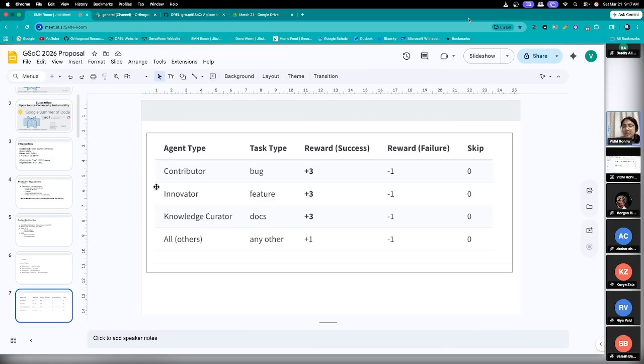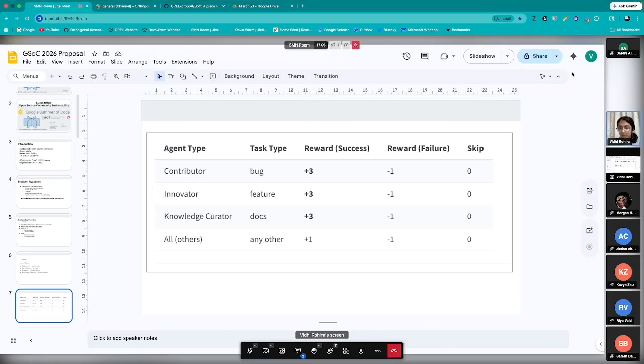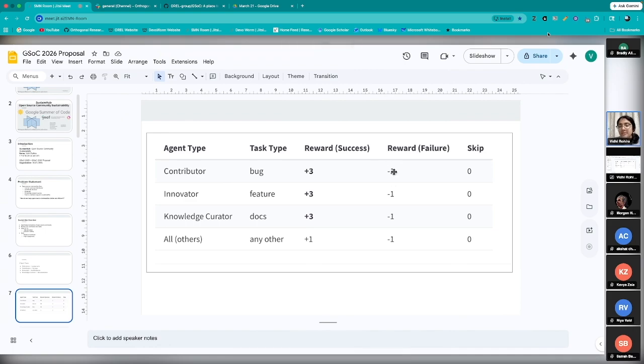So for the contributor doing bugs, it gets a higher reward: +3 for that, -1 for failure, and 0 if it skips the task. Similarly for innovator and knowledge curator. If the contributor is doing a feature task, it gets +1 and -1 for failure. This was the basic math that I used in the simulation.